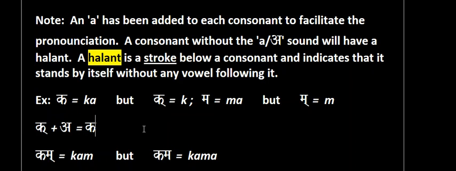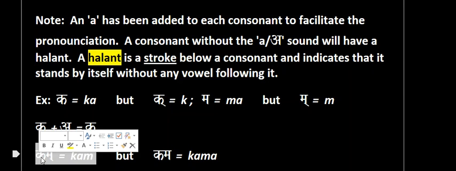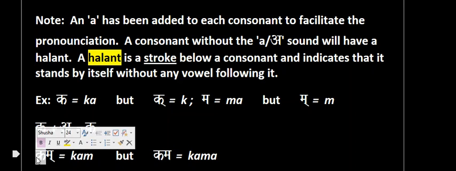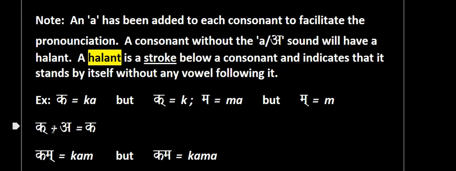Now by understanding the consonants and the sounds, we can slowly start to put sounds together and make words. So let's take a look at the word gam. Gam is a word in Sanskrit. Gam is actually a ka plus the half letter of ma.